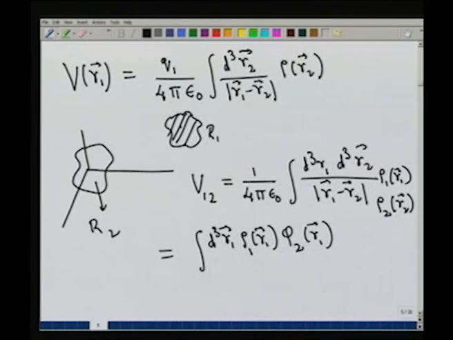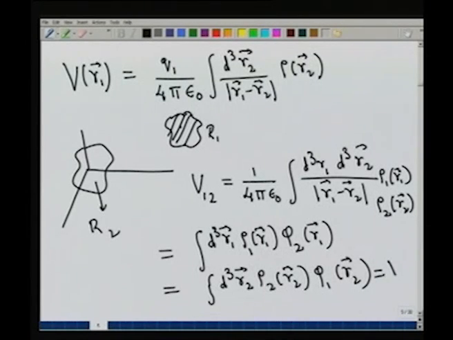Why? Because integral d cubed r2 rho 2 of r2 divided by mod r1 minus r2, with the factor 1 over 4 pi epsilon naught, is simply going to give me this expression. And because of the symmetry, this is also equal to integral d cubed r2 rho 2 of r2 phi 1 of r2.